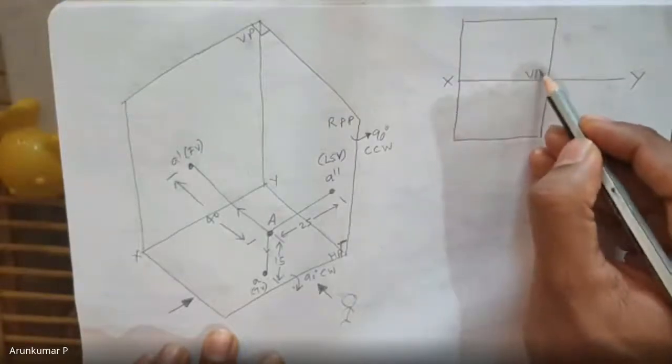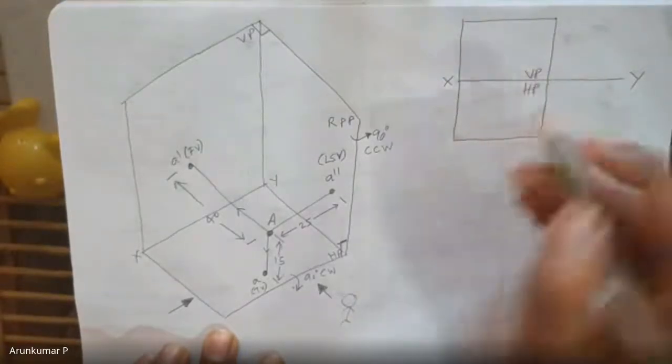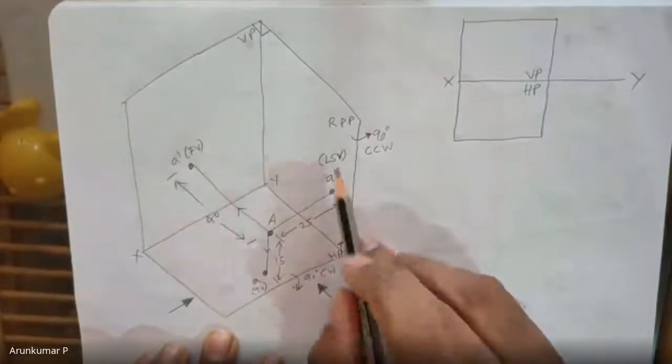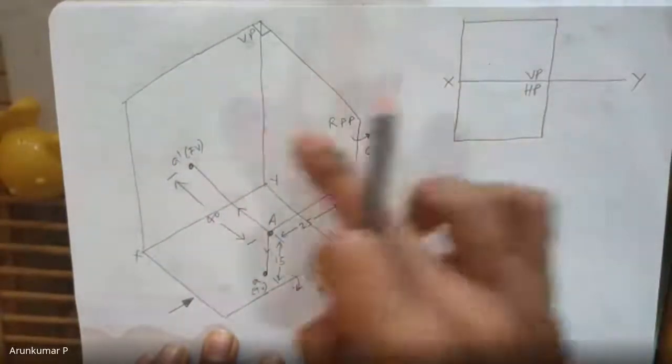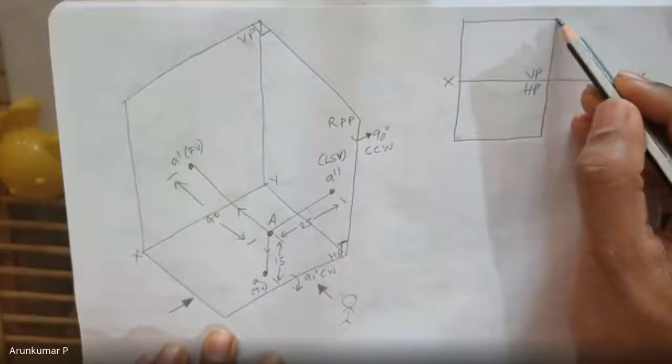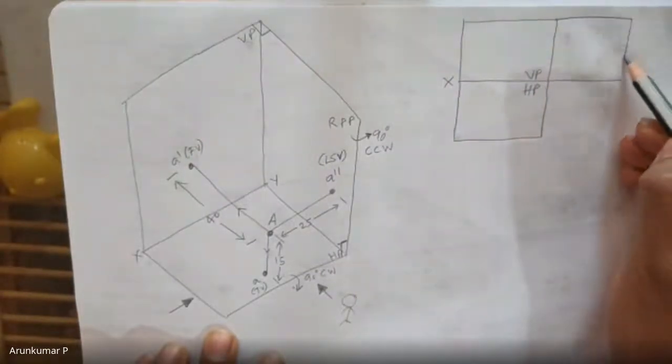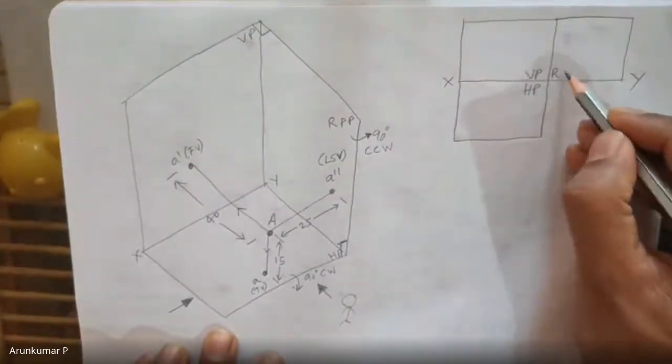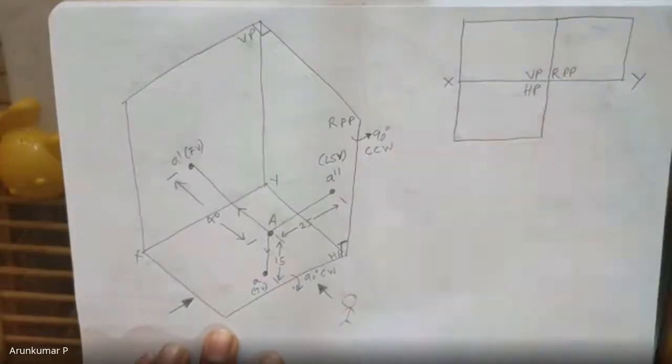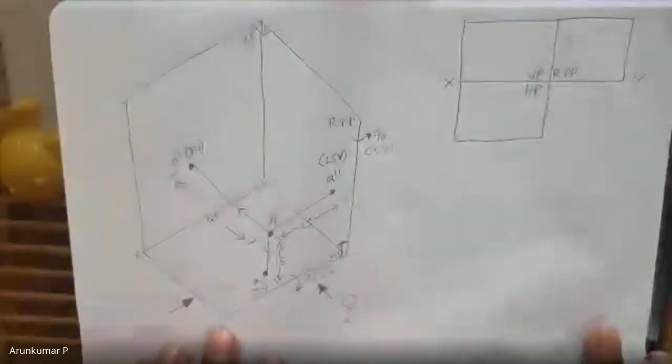This is VP. This is HP. VP above, HP below. RPP will be beside VP. So this area would be RPP. Hope this is clear.